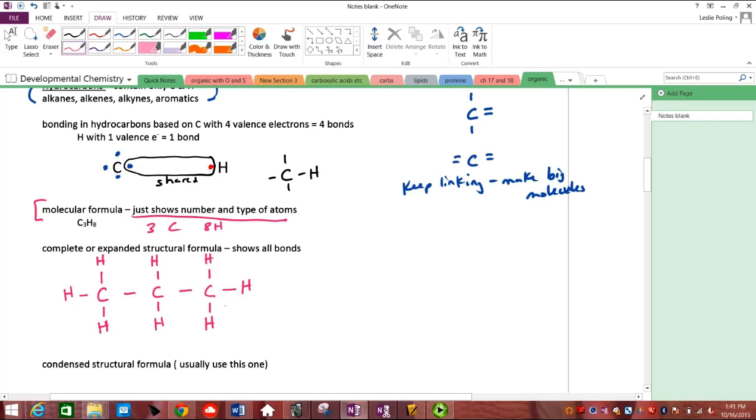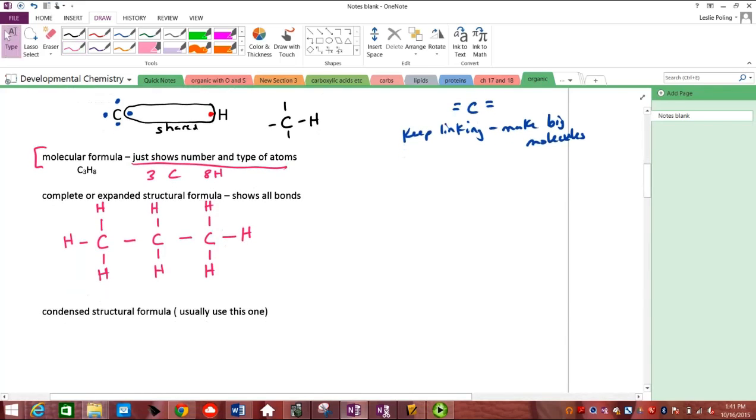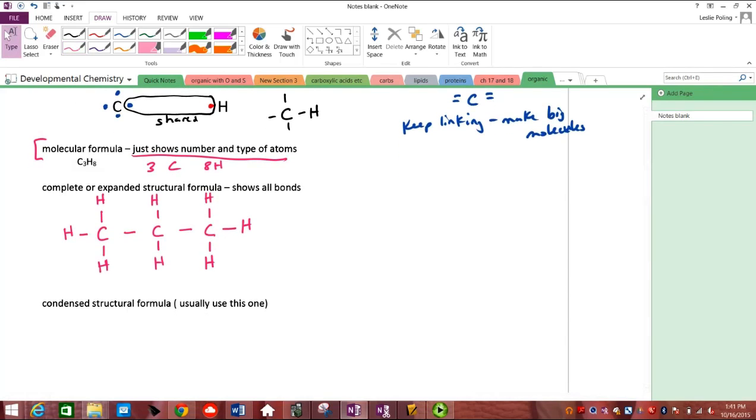It shows everything. Now, we don't usually write that. We usually write a condensed structural formula, which essentially abbreviates the hydrogens. So we just do each carbon and its hydrogens as a little condensed chunk.